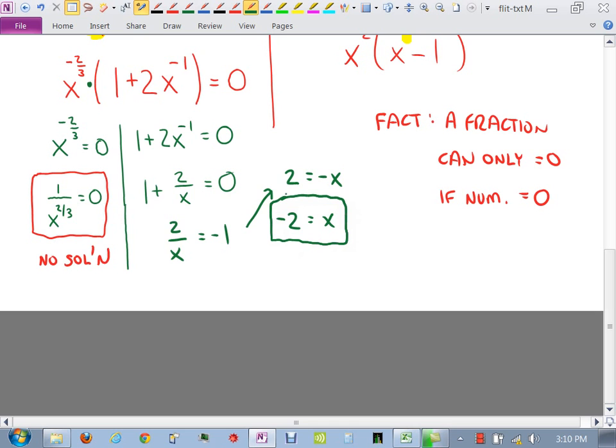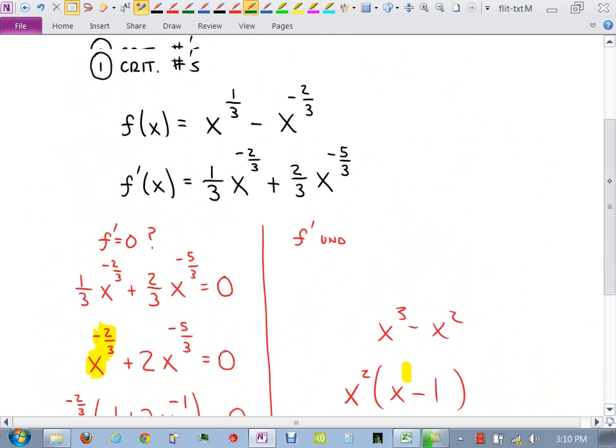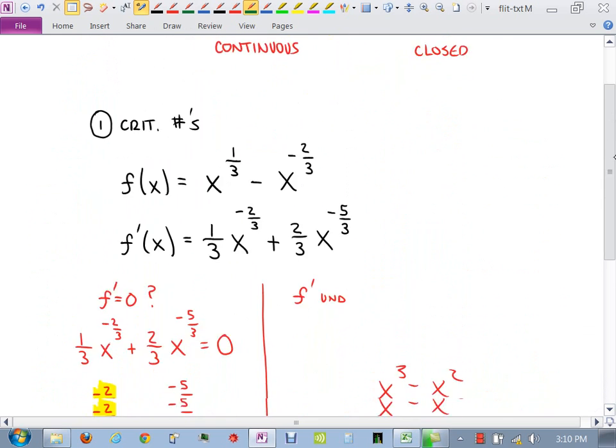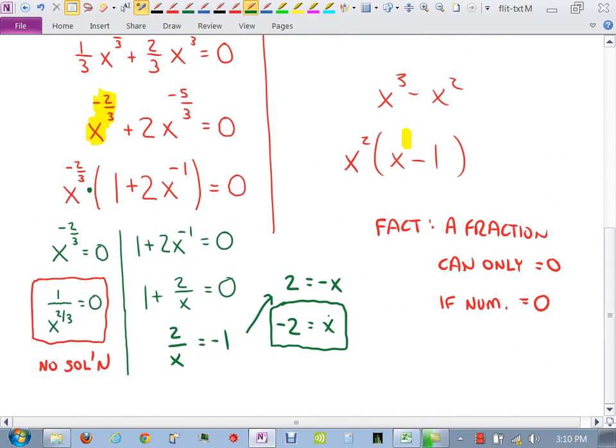But what are you going to tell me about -2? It's not in the interval. The interval was from 1 to 8. So we're screwed. Not in [1, 8].